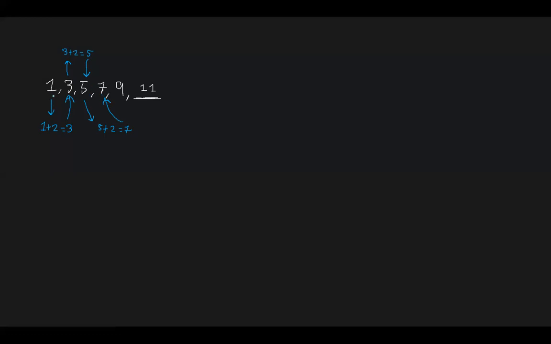We got the second term by getting the sum of 1 and 2. So 1 plus 2 is 3. We get 5 by adding 2 to the previous term, which is 3. So if I add 9 by 2, I will get 11. And that is the missing term here.